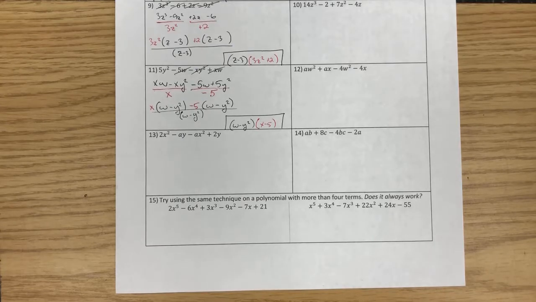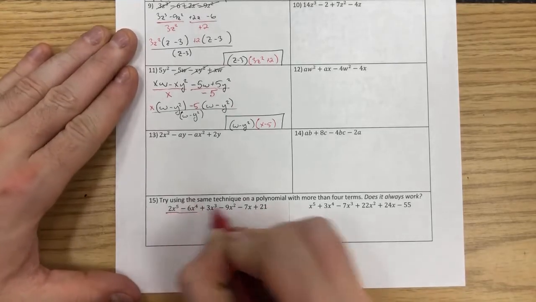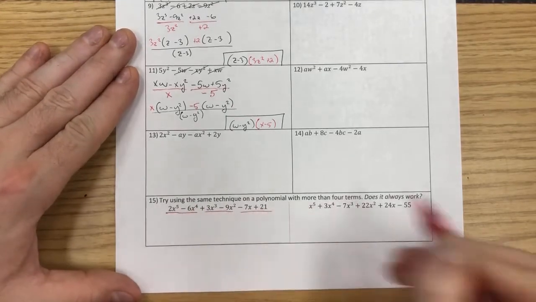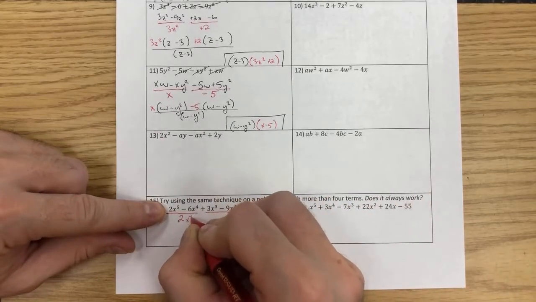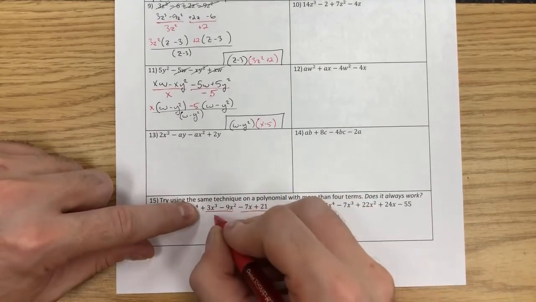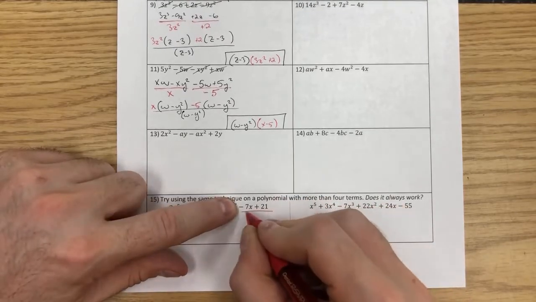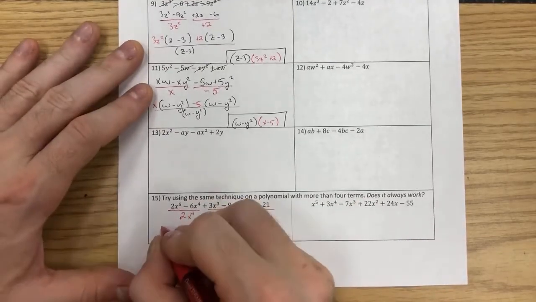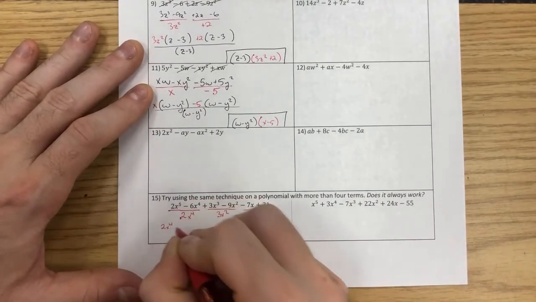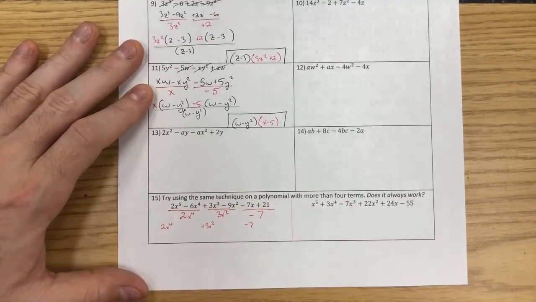Okay. So at this point, you should have tried. And what we notice is that if I pair them up into groups of 2, I can divide them both by 2x to the 4th. I can divide these by a 3x squared. And I can divide these by a negative, because that leading negative coefficient, 7. What that leaves me with is a 2x to the 4th plus 3x squared minus 7.